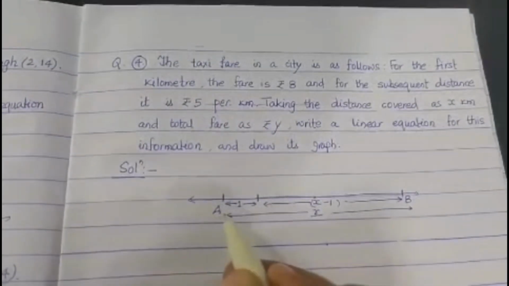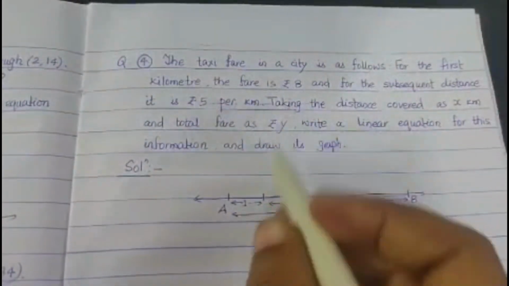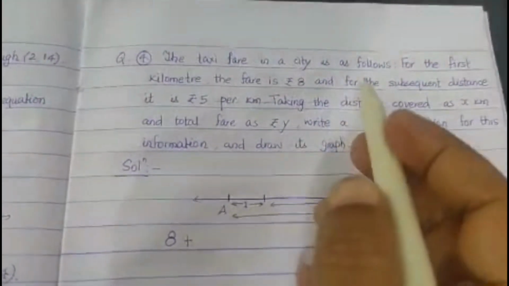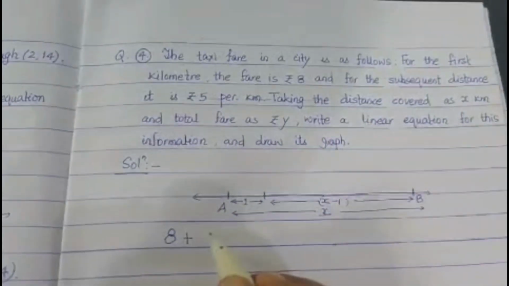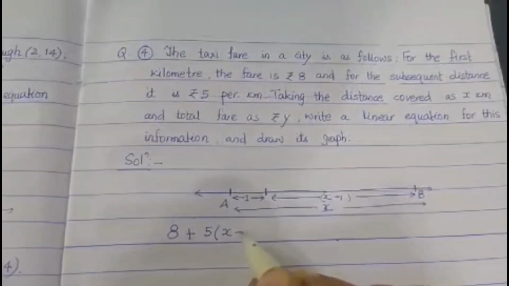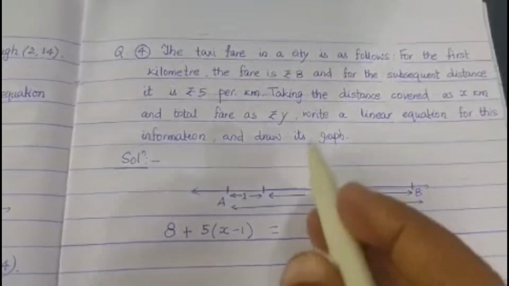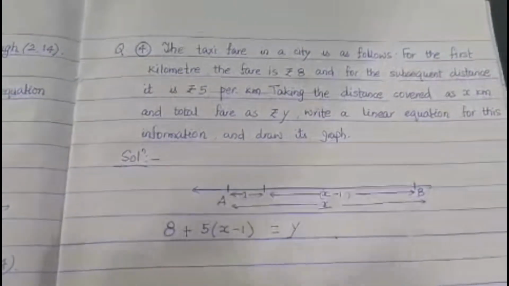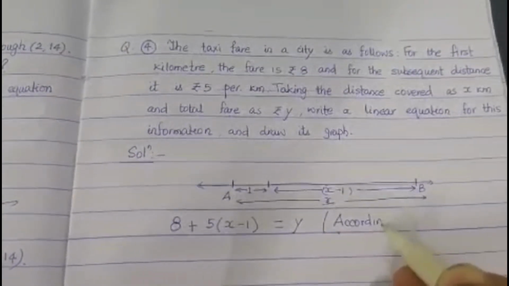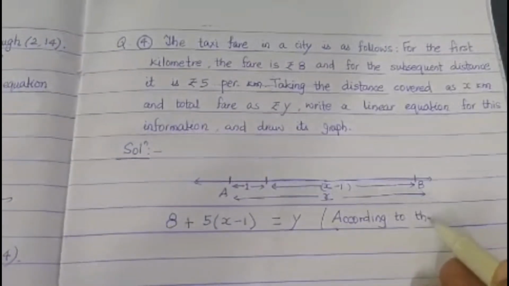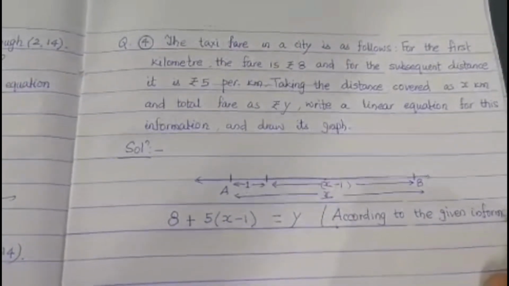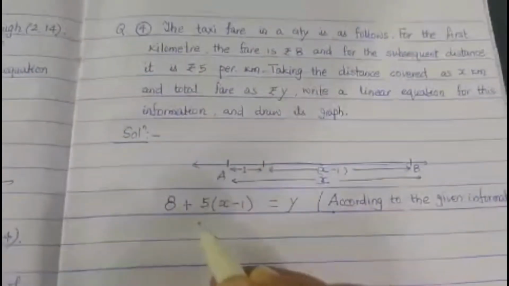So the information is, for the first kilometer the fare is rupees 8, so 8 for the first kilometer, plus for the subsequent distance it is rupees 5 per kilometer. Rupees 5 into how many kilometers are left? x minus 1, and the total fare will be y. So according to the given information, we can find this equation.